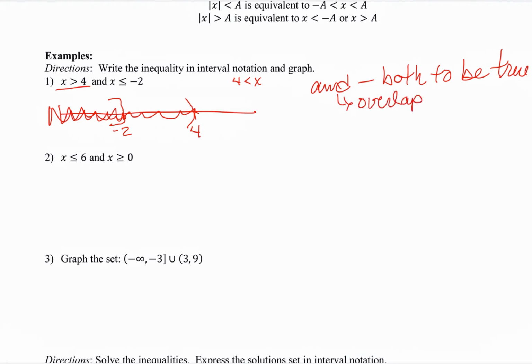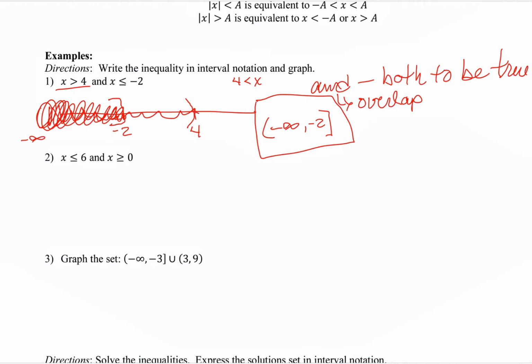I want x to be less than 4, and I want it to be less than or equal to -2. So the only place where both of those are true is in this region. So my answer to this would be -infinity to -2 to here. So this right here is my final answer. And if you need to, write the -infinity there.